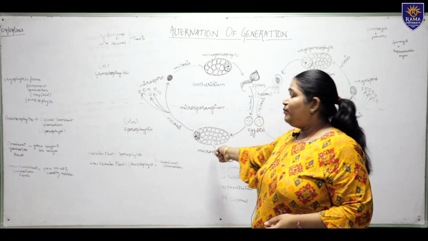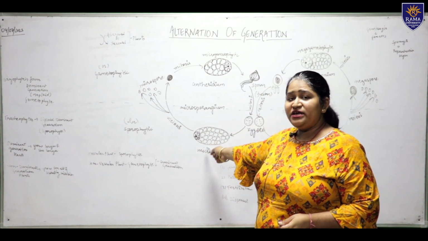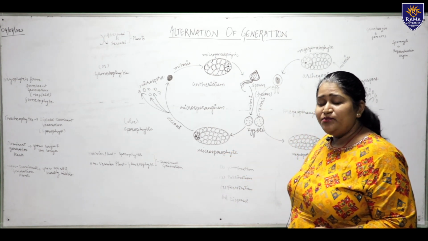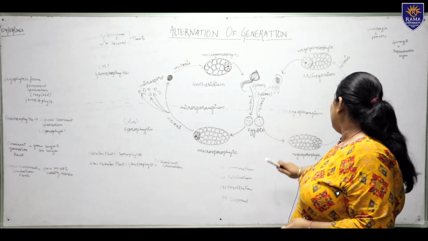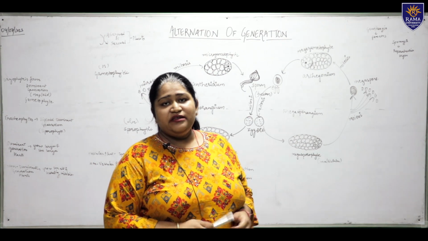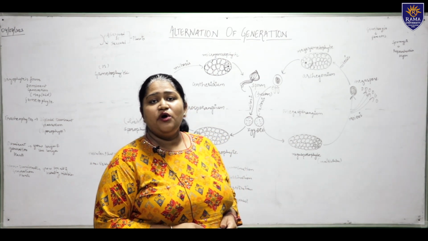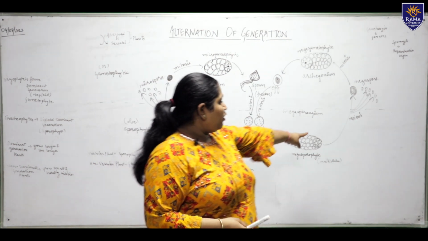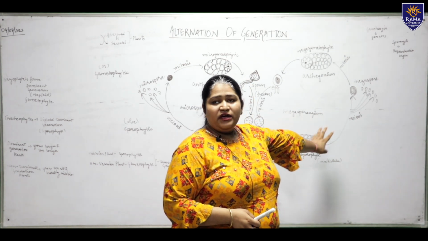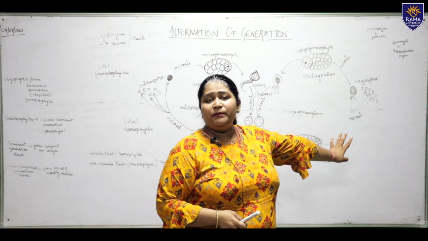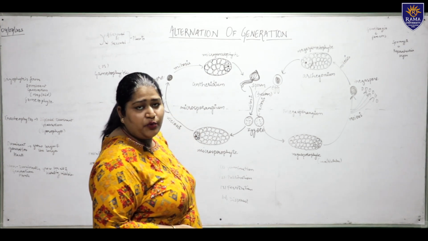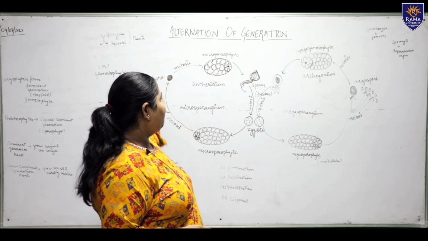The male sporangia are on the microsporophyte, and the female sporangia on the megasporophyte. Then the sporangia undergo meiotic division, and due to meiotic division they produce spores from the sporophytes. Megaspores are formed from the megasporophyte, and the male spores are formed from the microsporophyte.